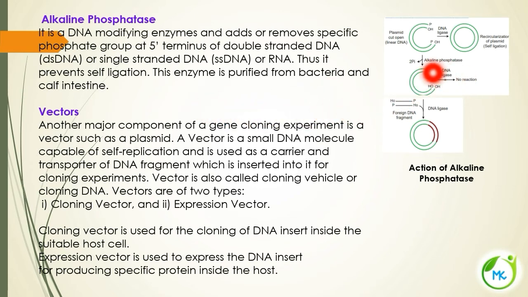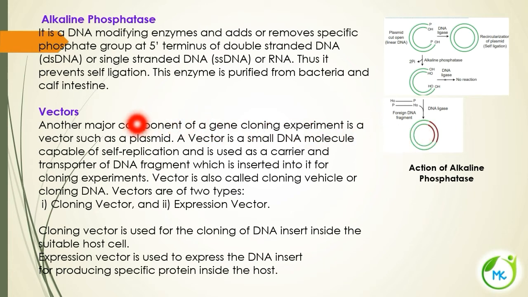Here again you could see in the diagram, after the cut it should not be joined again. To prevent that, we add certain phosphate groups to the ends of the DNA so that self ligation is avoided, and then we can ligate with the help of the foreign DNA.